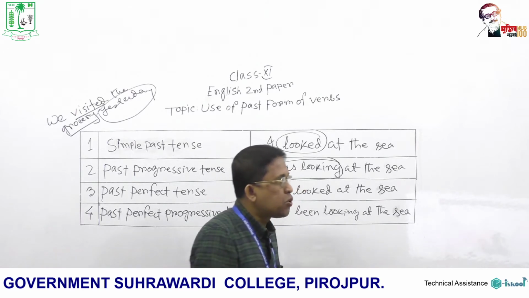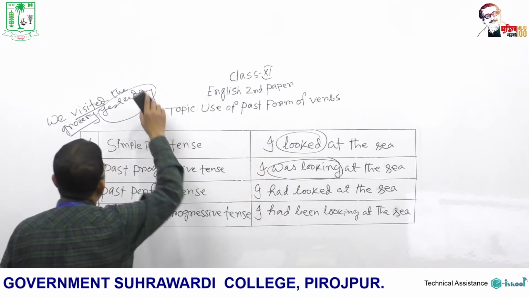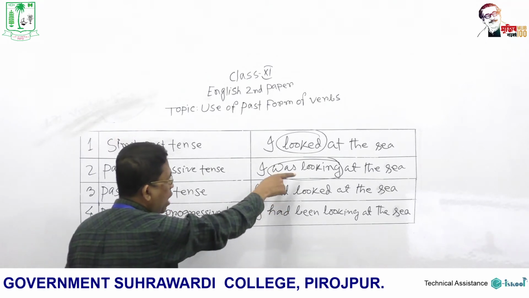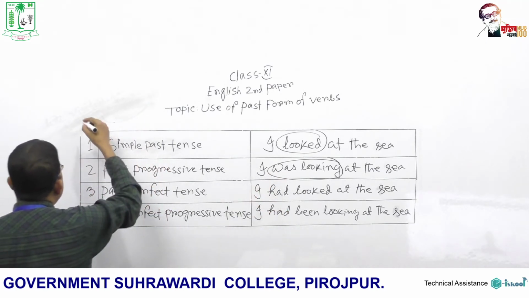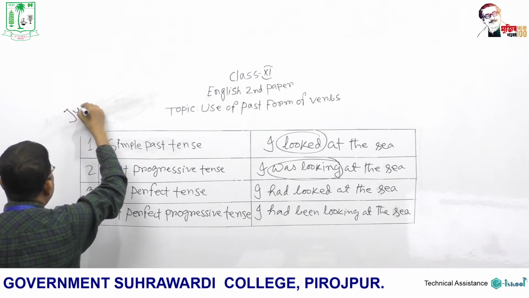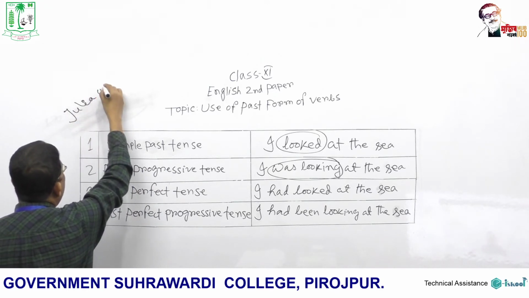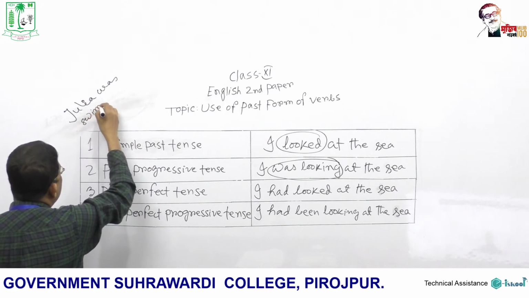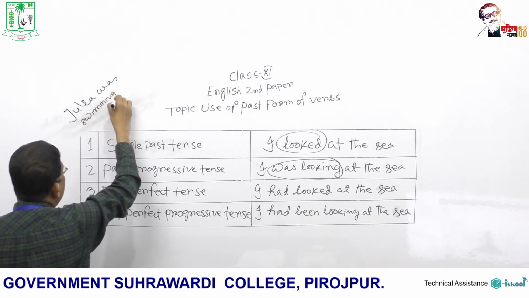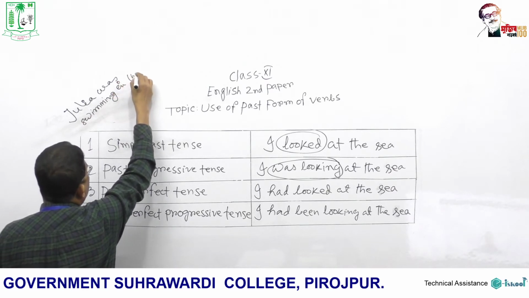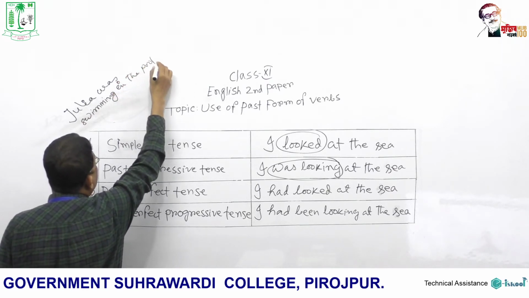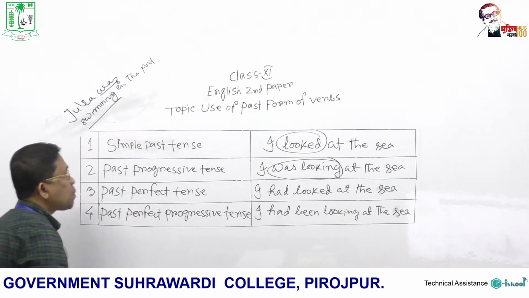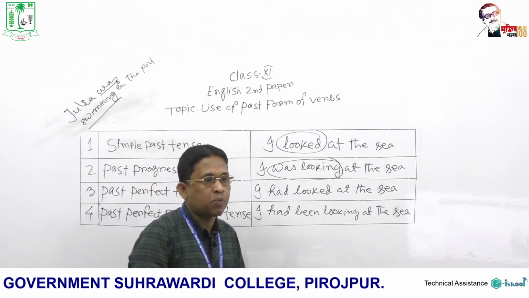For example, Julia was swimming in the pool. Another example, here I have given one example, I was looking at the sea. In the same way, let me give another example: Julia was swimming in the pool. This is an example of past progressive tense.